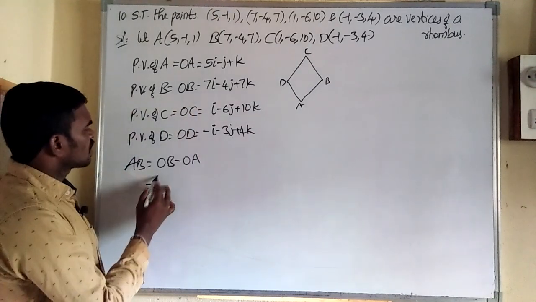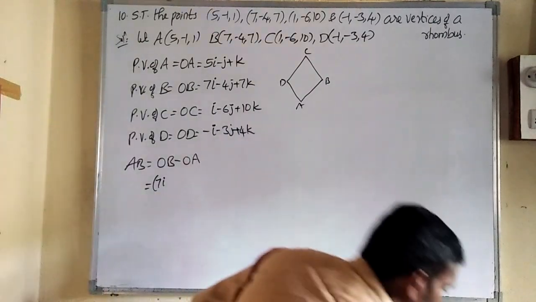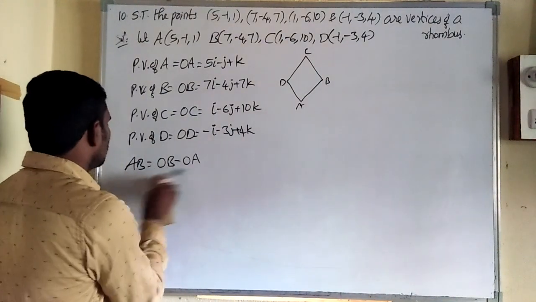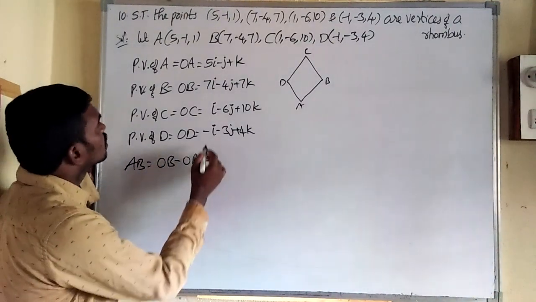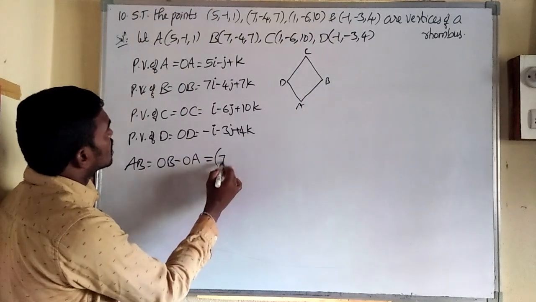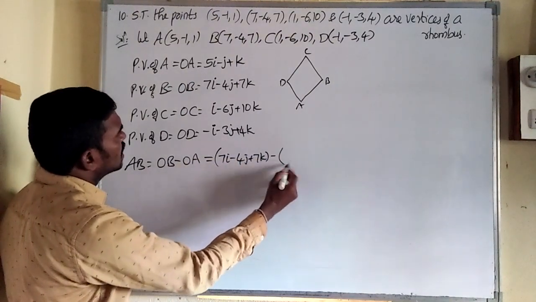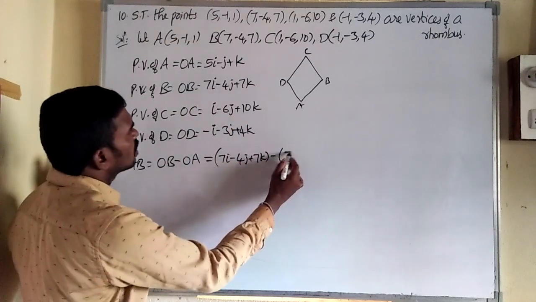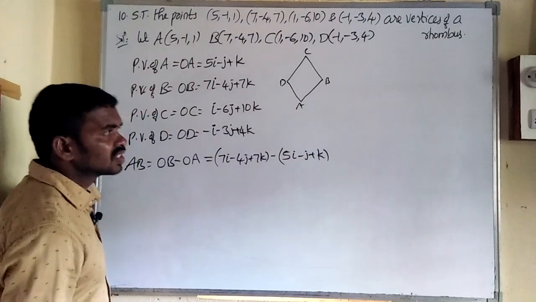In the product of vectors method, first OB is 7i minus 4j plus 7k, next minus OA, where OA is 5i minus j plus k.